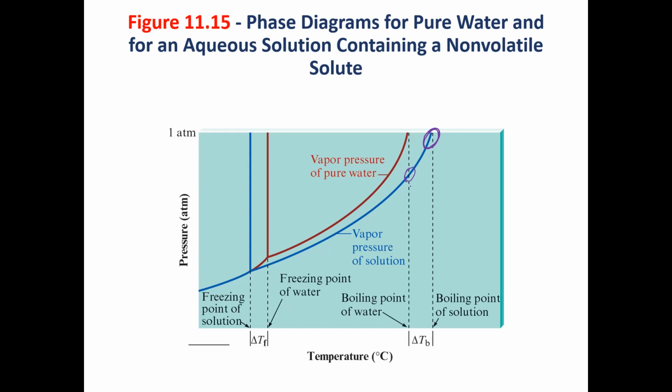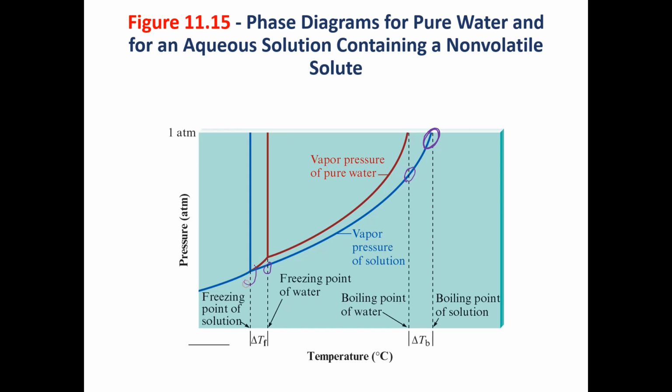And the last colligative property that we're going to talk about in this video is the freezing point of a solution. So we actually lower the freezing point when we add a solute. So this is the freezing point of water.